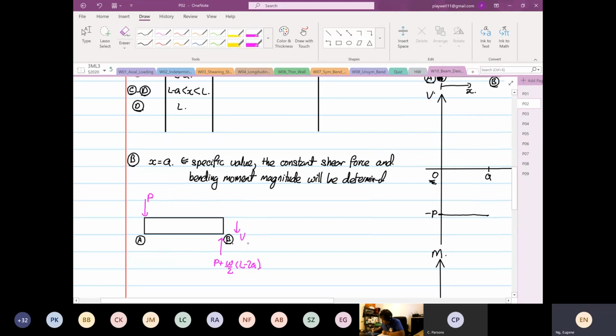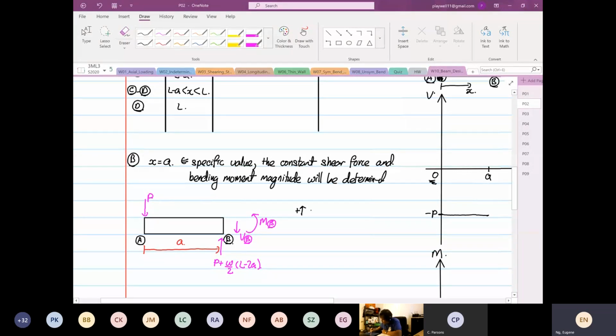Okay. Then we have at point B, V at point B and then moment at point B. Okay. And then we know that the distance from here to here is equal to A. Okay. So from here, we will do static analysis again.